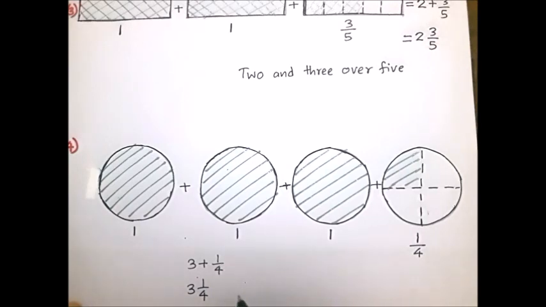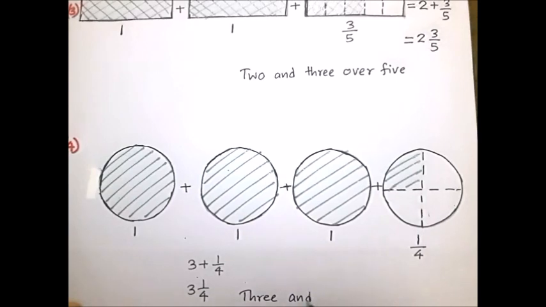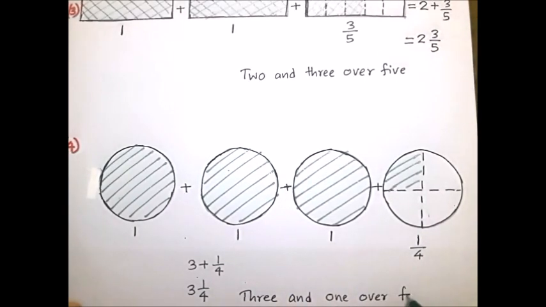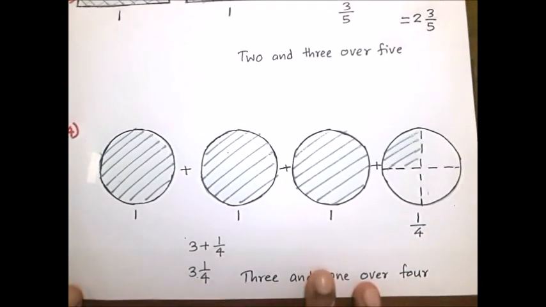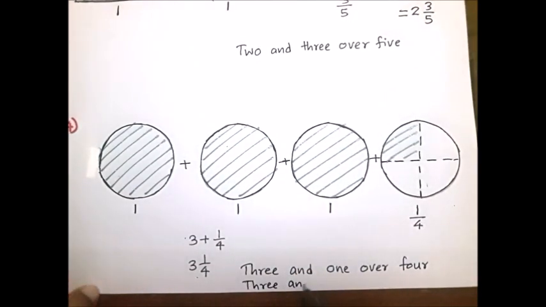I am going to write it in words 3 and 1/4. 1/4 you can write another way, it is quarter. So you can write it as 3 and a quarter. Both are correct.